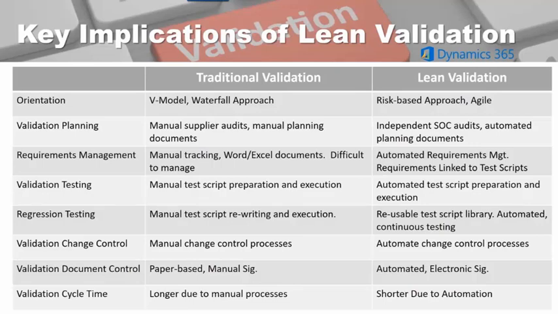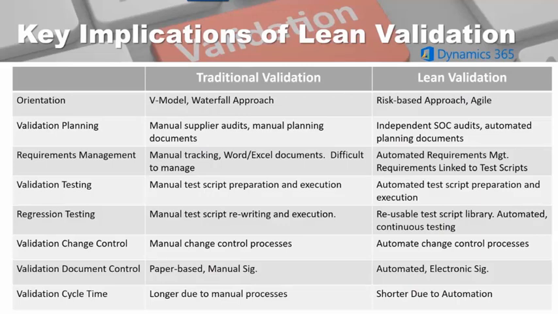And then validation change control, in the old days, this happened manually where we pull a change control form off the shelf, fill it out, and so forth. Automated change control processes are built in, and those change forms are automatically managed through a document control system that allows you to manage the quality processes.